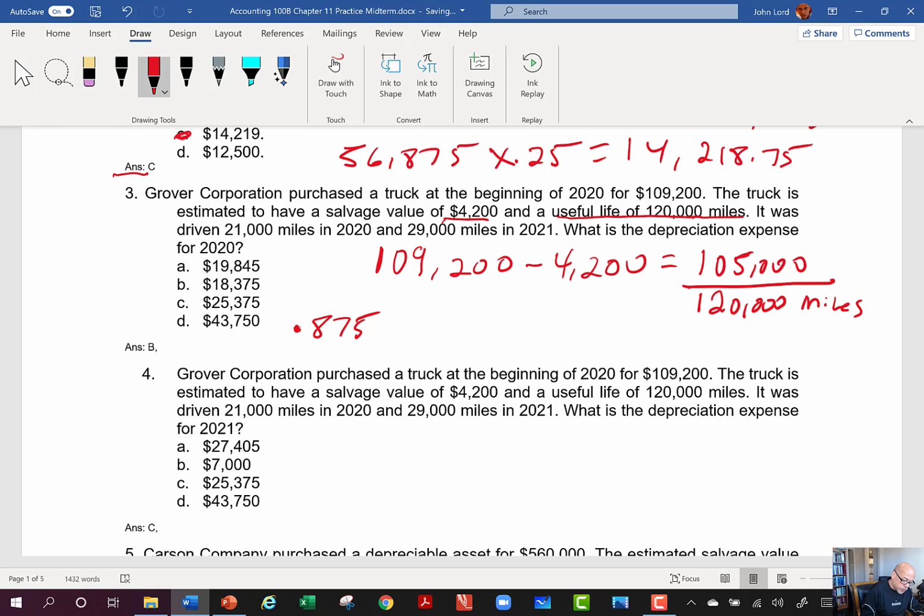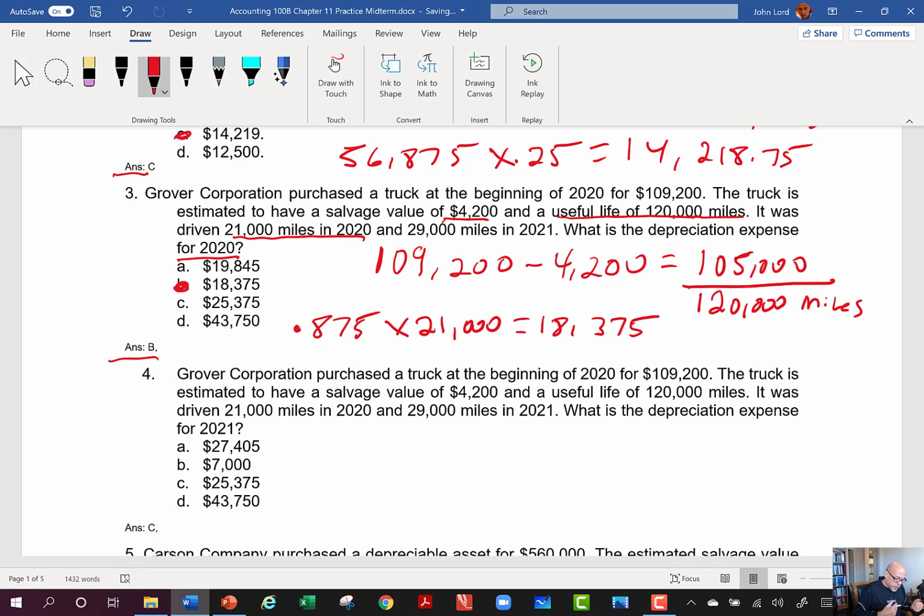They're asking me for 2020. In 2020, I drove it 21,000 miles. So I multiply that times 21,000. That should give me the correct answer here, 18,375. I'm not going to check that calculation in my calculator because I did it earlier. I wrote it down, and it comports to answer B.